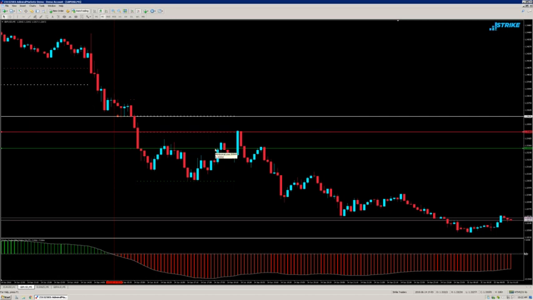So you're trying to aim for twice as big a target as your risk, and hence that default. Obviously, if you use 50 pips stop loss and 100 pip target, that would also be a 2-to-1 reward to risk ratio. But because we're dealing with small time frames, it's better to stay with smaller targets.